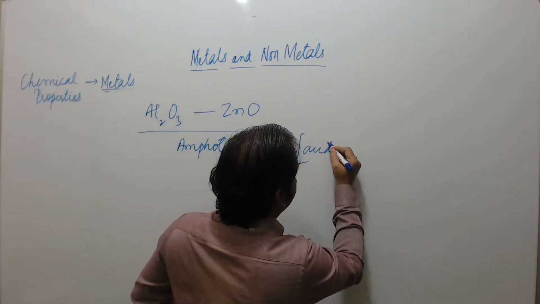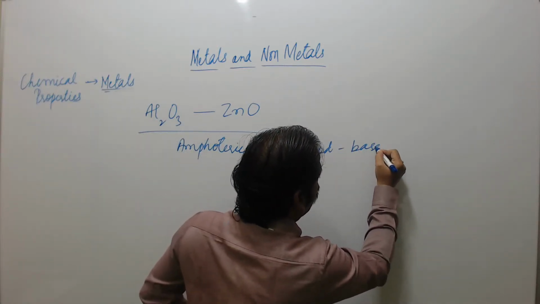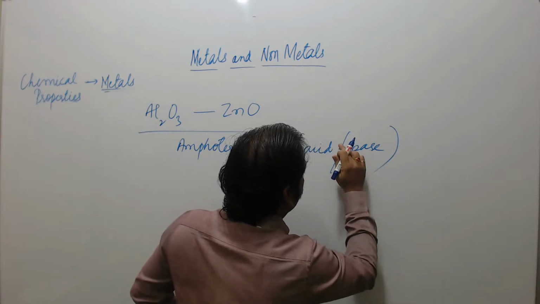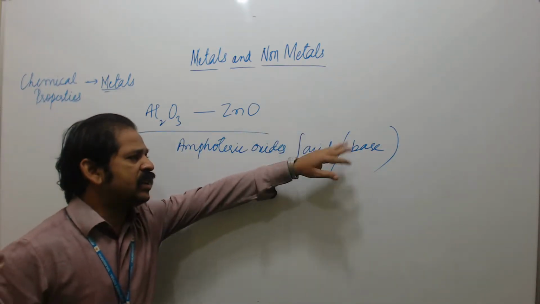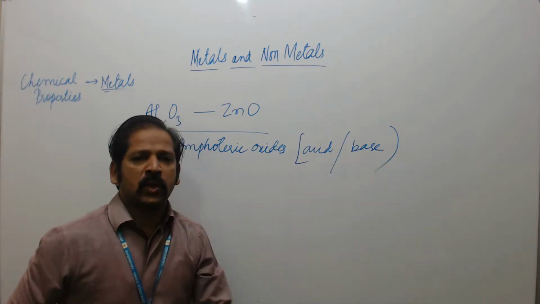Amphoteric oxides are the oxides which behave like acid as well as base.